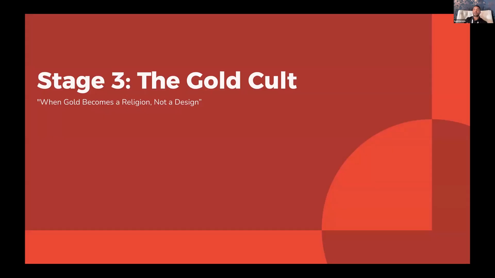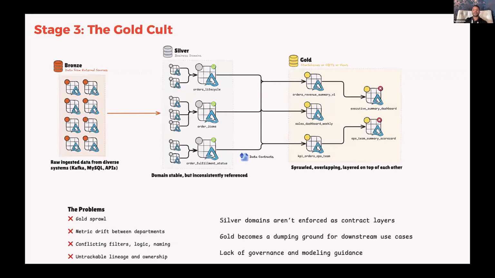Well, now that customers realize the importance of the silver and how they're going to start to build from there, we get into stage three, which is basically when gold becomes a religion, not a design. And here's the third problem that pretty much scares people: now you understood that you have to do a really better job on your silver zone. You have to establish domains. You have to be extremely strict in terms of how you're going to allow your downstream resources to plug in.